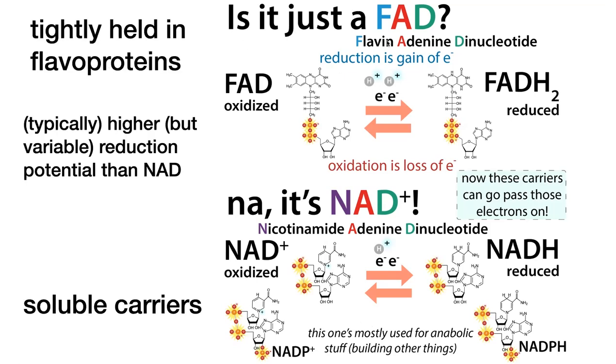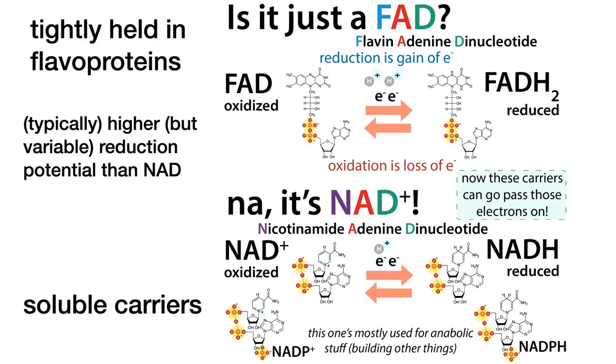Well, FAD is going to be tightly held in proteins. We call those flavoproteins. Whereas our NAD is soluble, so it can travel around. The FAD is typically going to have a higher but variable reduction potential than our NAD. If it has a higher reduction potential, then if we were to pass something to it, we would get more energy.